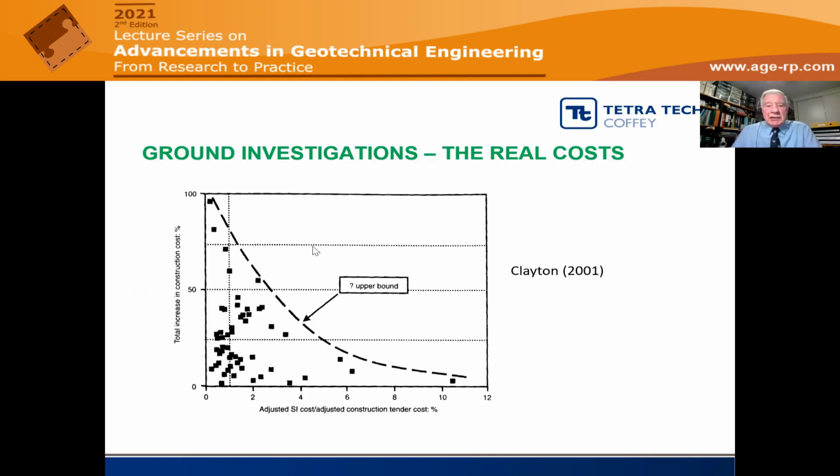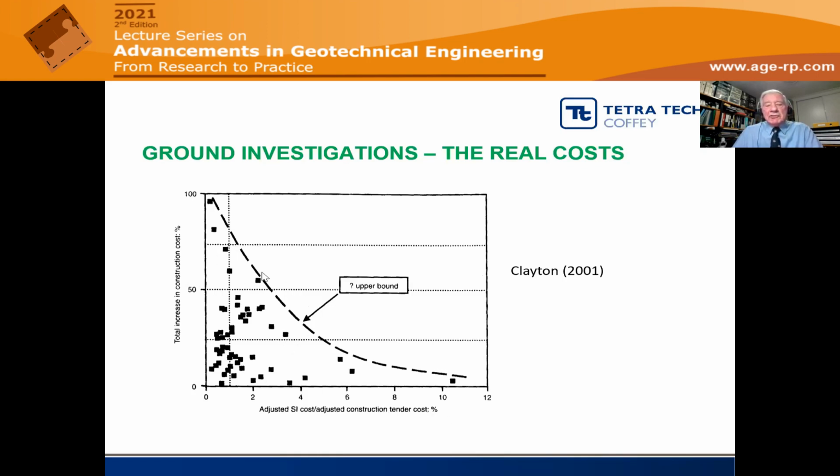And this is just a diagram from Clayton from some years ago, showing on the vertical axis the potential cost overrun as a percentage of the initial cost versus the relative cost of the site investigation as a percentage of the overall cost.